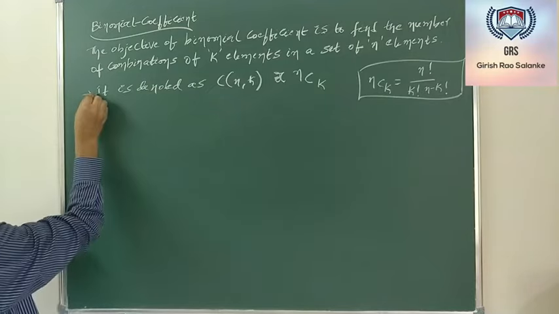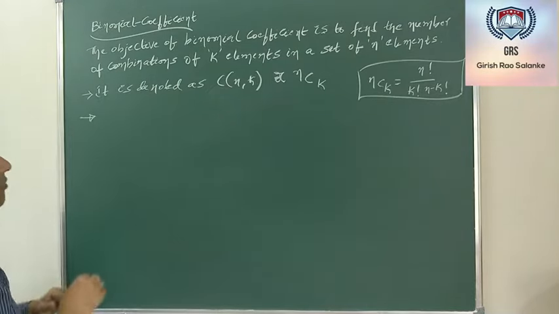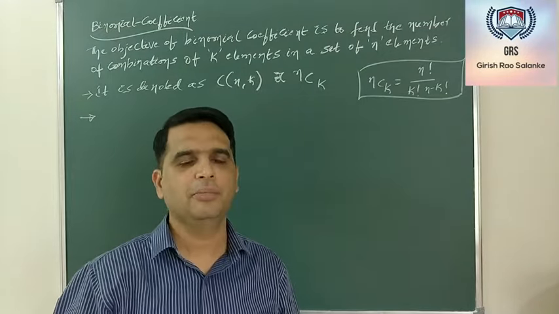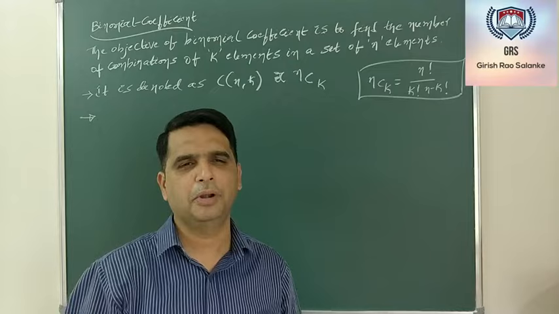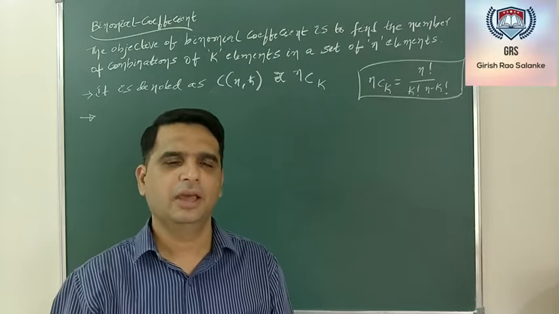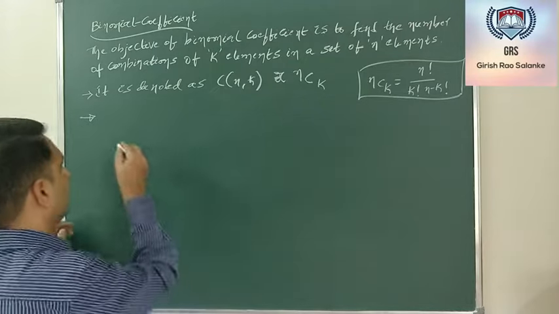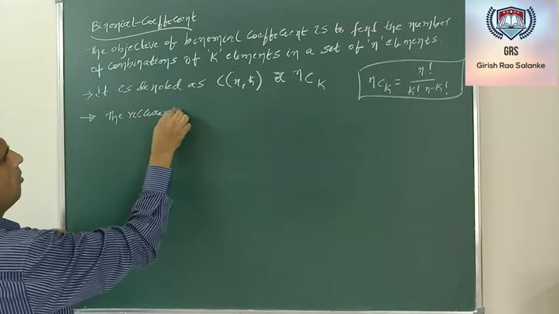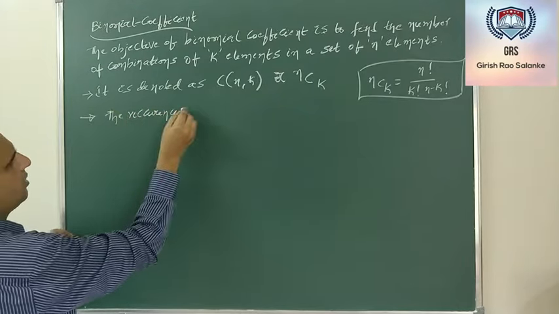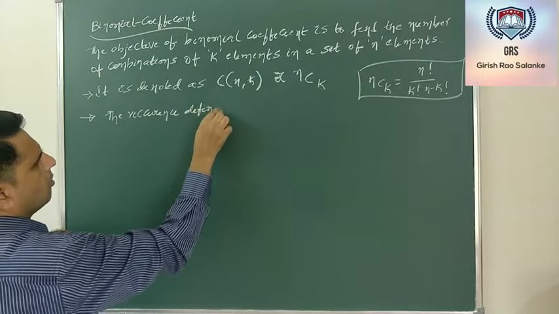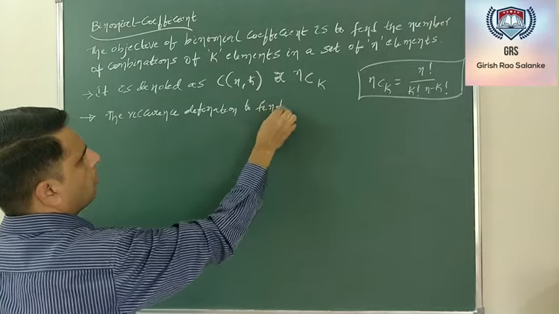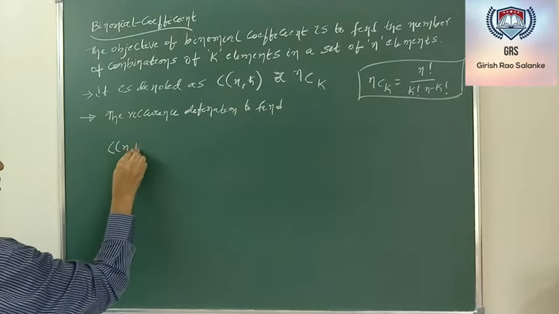As I said earlier, in solving a problem using dynamic programming, the first important thing is the optimal substructure. With the help of optimal substructure, we come up with the recurrence relation, or the recursive definition, to find C of n comma k.